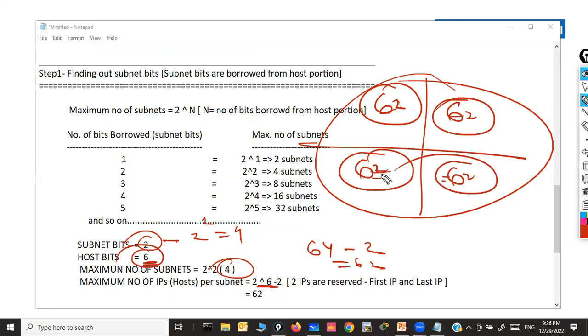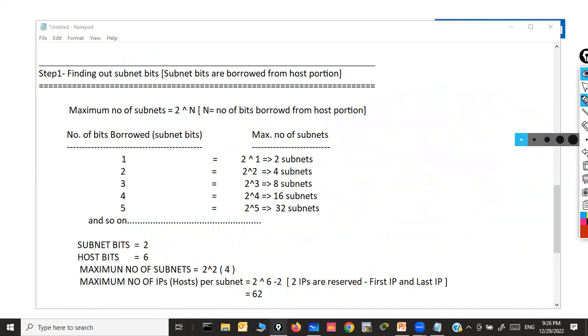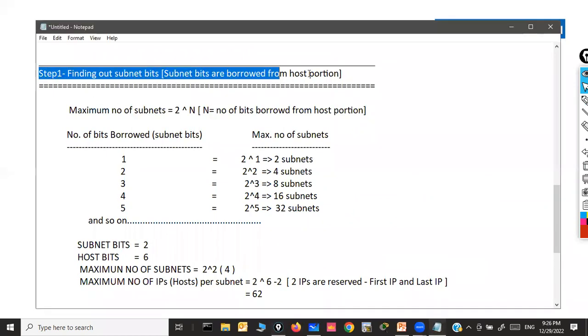So 62 IPs in each small network. This class C network is further divided into 4 small networks, and each small network is treated as a network. It's a very basic example I've taken today. Now we have finished step number 1.